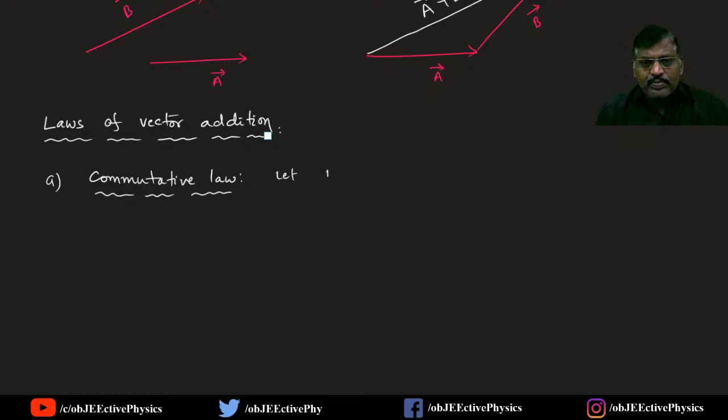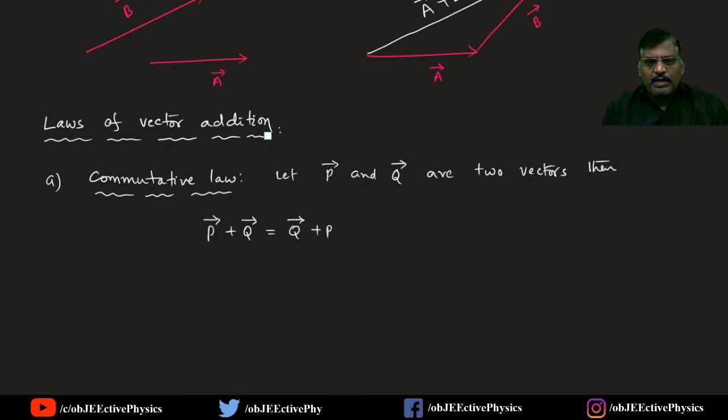Let P bar and Q bar be two vectors. Then we can write the commutative law as P bar plus Q bar is equal to Q bar plus P bar. This is called the commutative law. So vector addition must obey the commutative law.